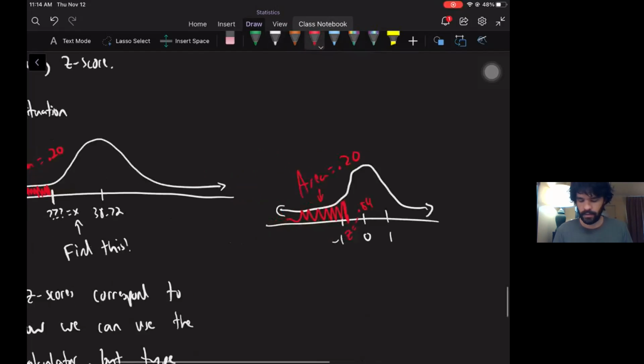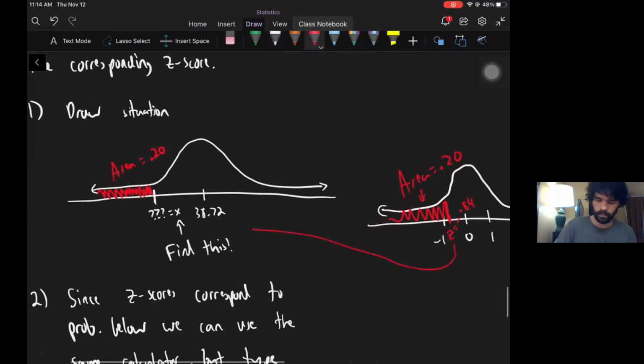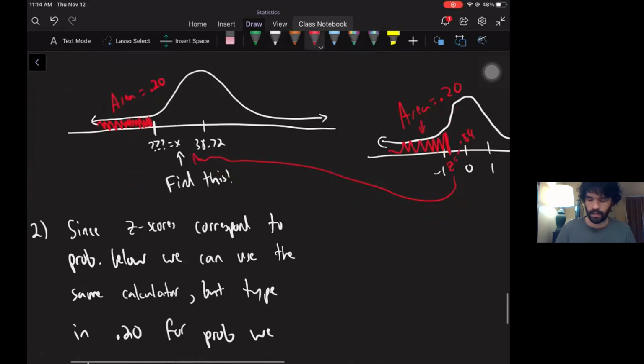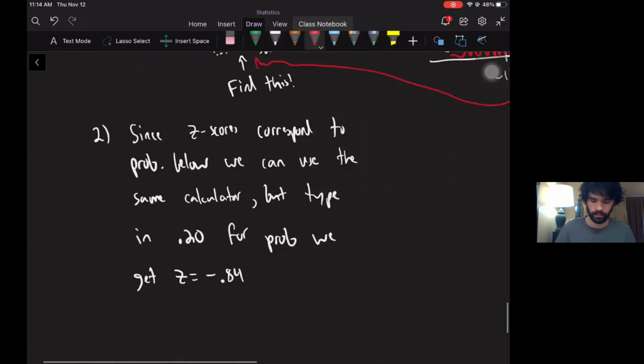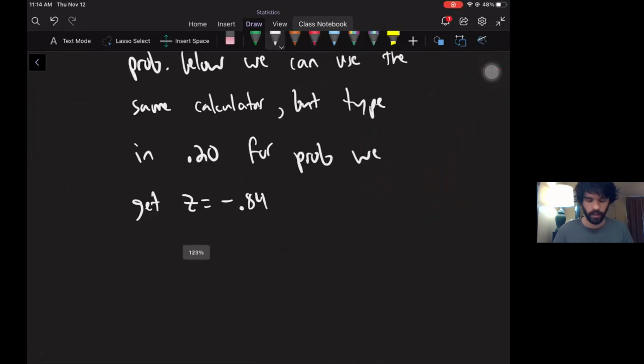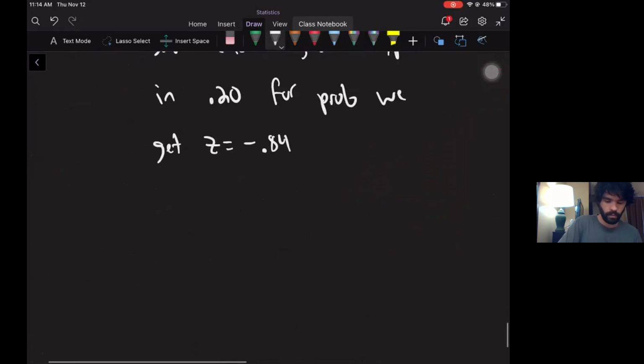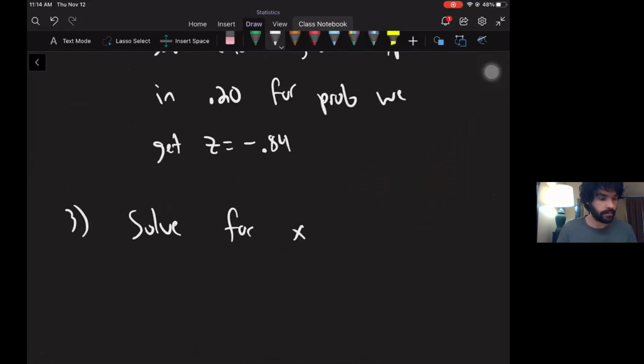So now I got to turn that z-score back into a height. So that's the next step. Okay, and that step's not so bad. Just a little bit of algebra. So now we're going to solve for little x that corresponds to this z-score.